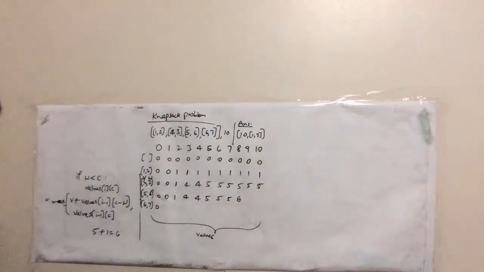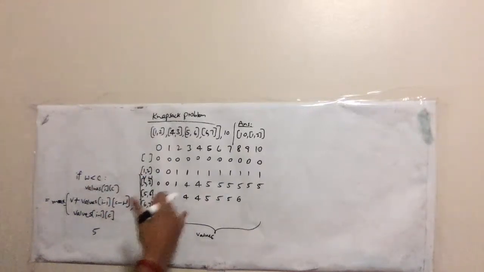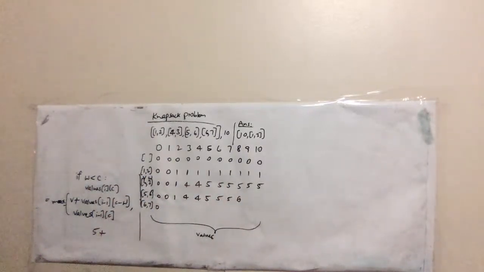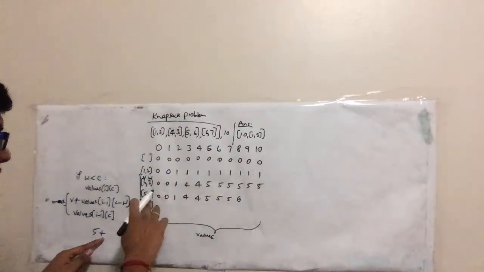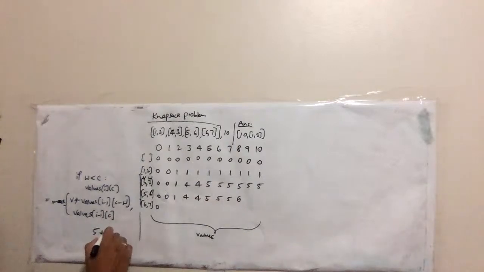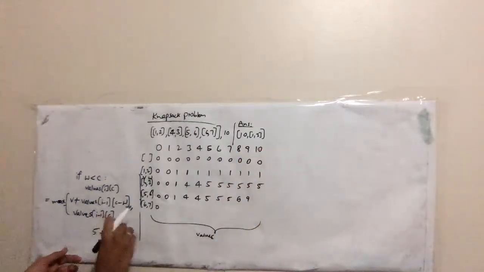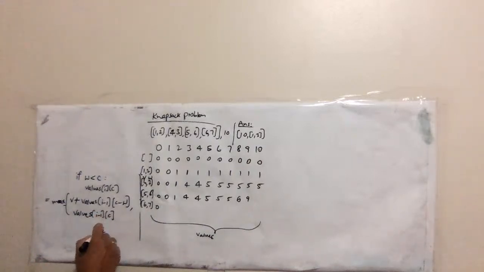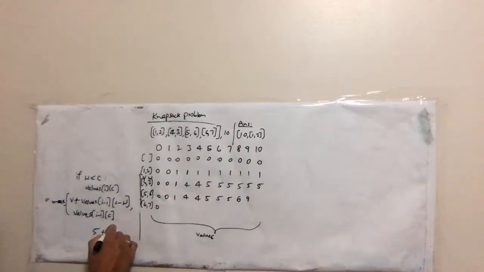Okay. So what about the next ones? This 5 is constant. We are taking this item because we can keep it in the bags. 5 plus, and we are subtracting 9 minus 6, which is 3, which has value 4. So 5 plus 4 is 9. Similarly, 5 plus 10 minus 6 is the 4th index, which has got a value of 4.